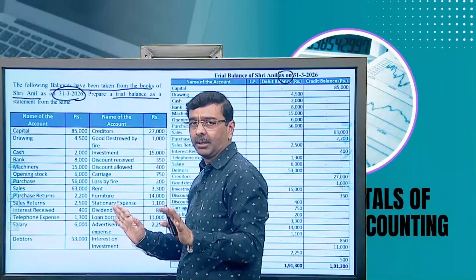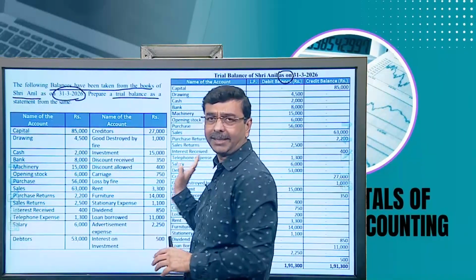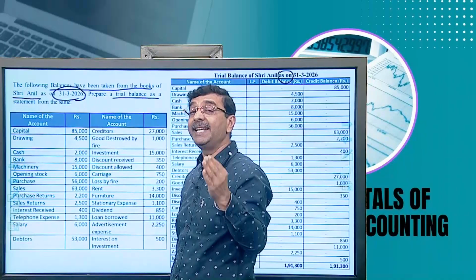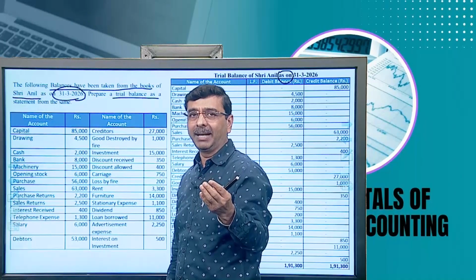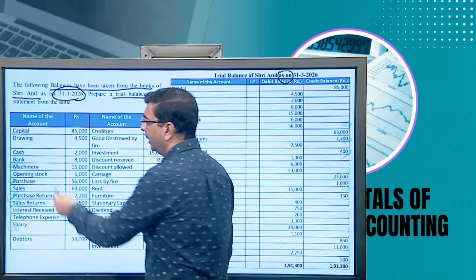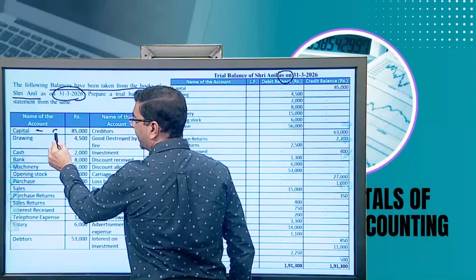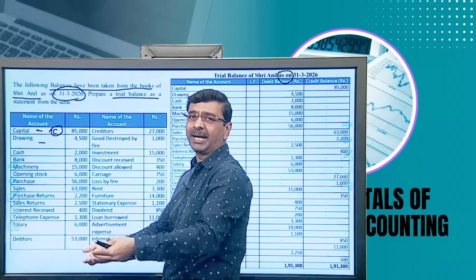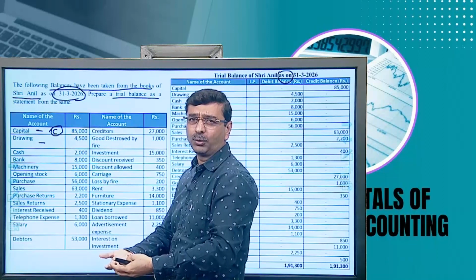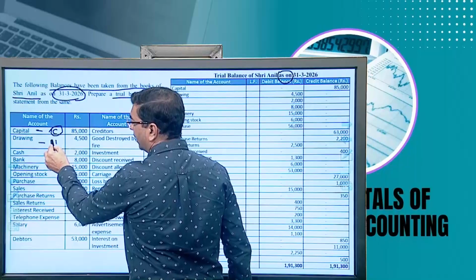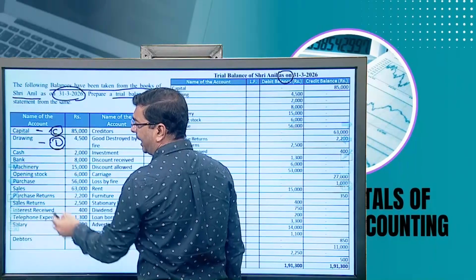Now see, before we transfer these directly, just try to understand the nature of each balance as we discussed in the previous slide. Capital, as I told you, is what we brought into the business, so it's always credit. Drawings, where we withdrew goods or cash from the business, should be debit.